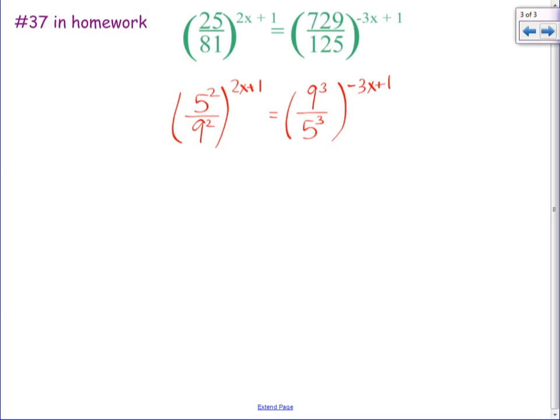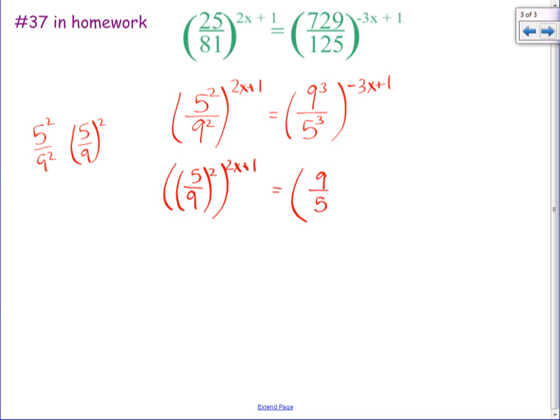If we're looking at 5 squared and 9 squared, is that the same thing as 5/9 squared? Yes. Okay, so we're going to rewrite this as 5/9, the whole thing squared, with our 2x plus 1 right here. Over here we've got 9/5 cubed with negative 3x plus 1 on the outside.